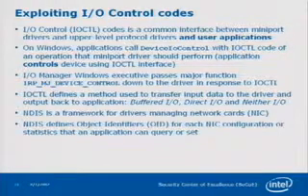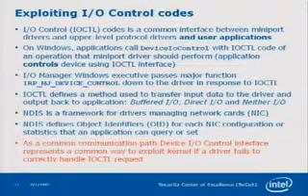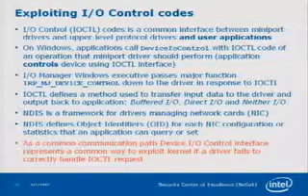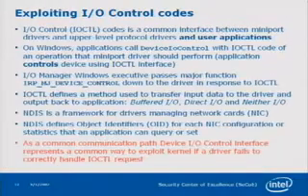NDIS defines object identifiers for each piece of configuration or statistics that an application can query or set to the driver. As a common communication path, the device IO control interface represents a common way to exploit the kernel if a driver fails to correctly handle the IO control request, or, for example, some of the object identifiers sent within this IO control request.